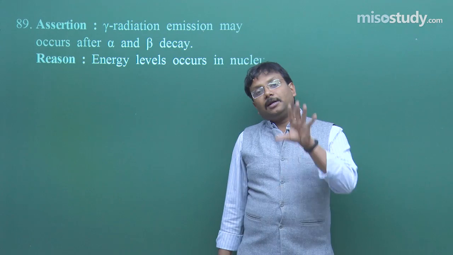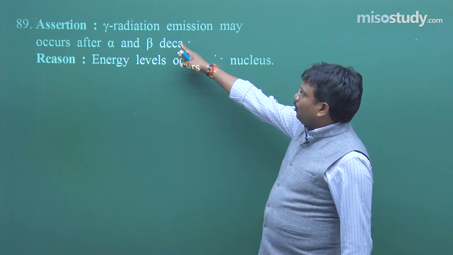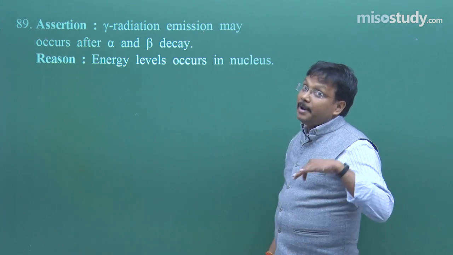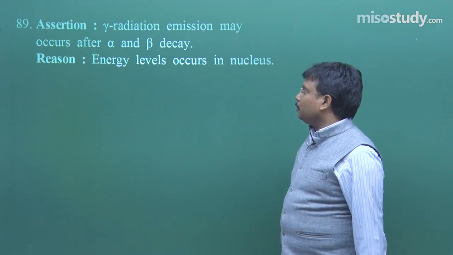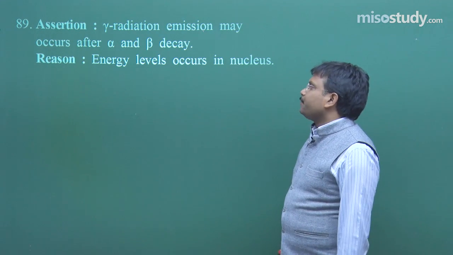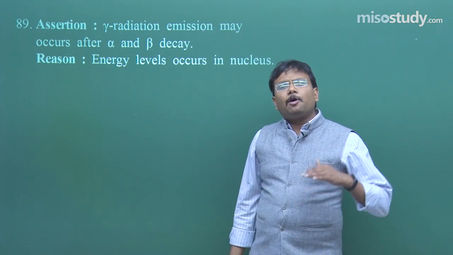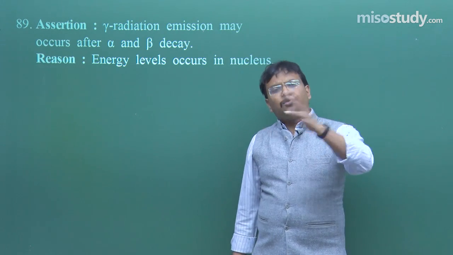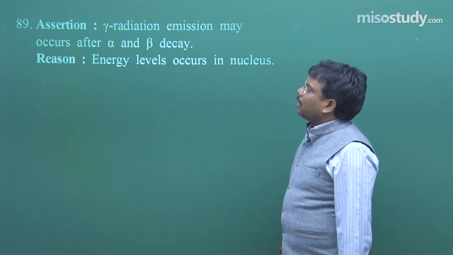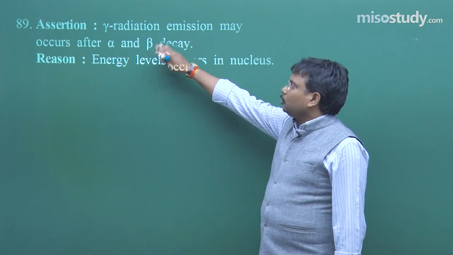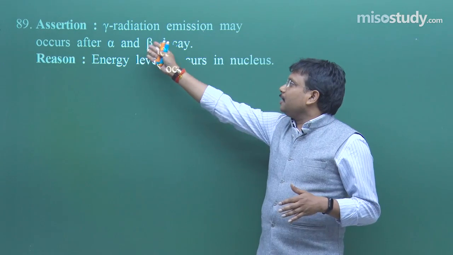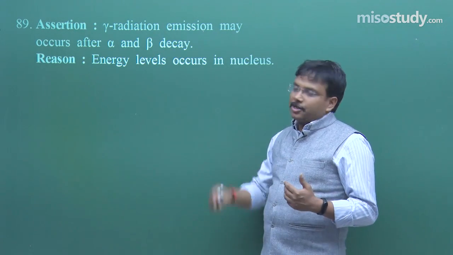These are fundamental laws. So, this gamma radiation emission after alpha or beta may take place, it is also true. I think this also explains the first statement, because when an electron jumps from third or fourth to second, it emits energy in the form of gamma radiation. So, I think the correct option is A, that is both are true, and this statement is also explaining the first statement. Fine.